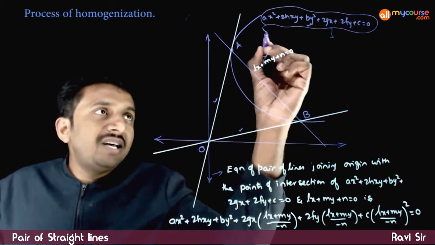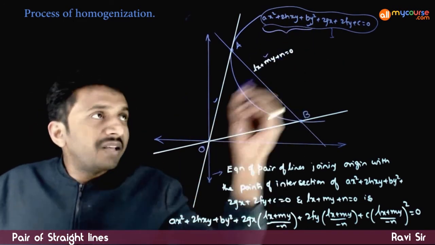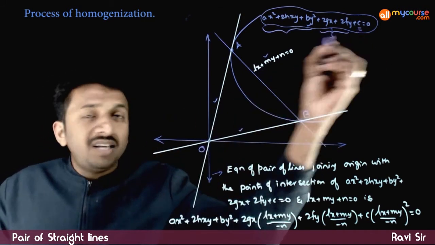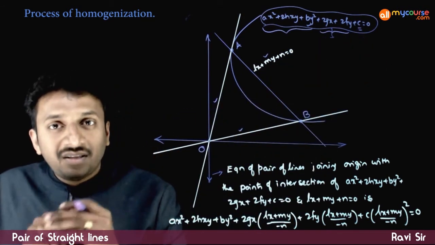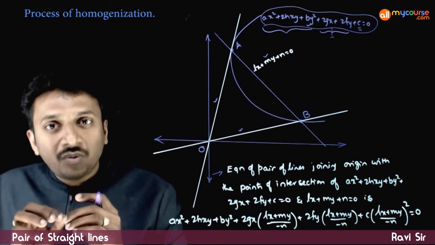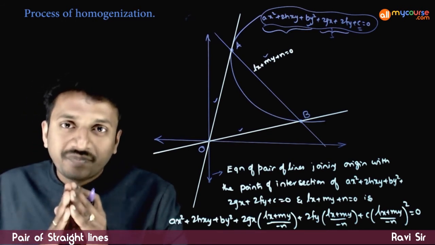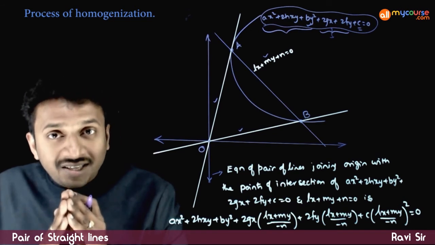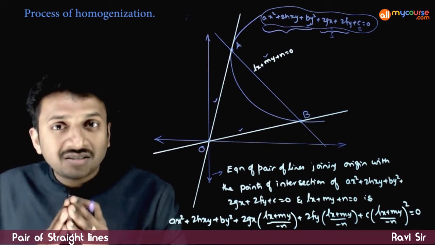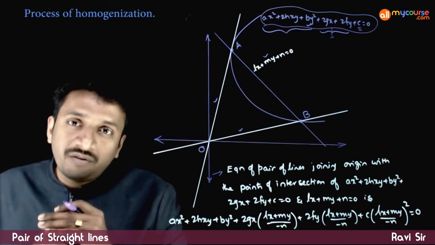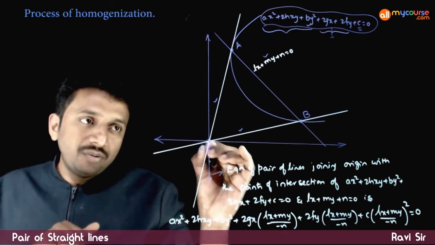The first three terms are quadratic terms, the next two terms are linear terms, c is a constant term. A homogeneous equation is an equation where all terms have the same power. And we have already seen that a homogeneous second degree equation always represents a pair of lines passing through the origin.